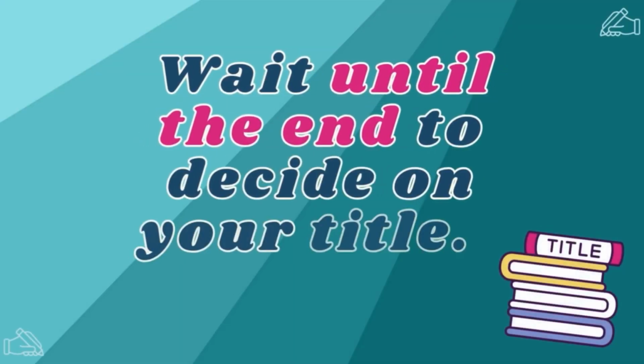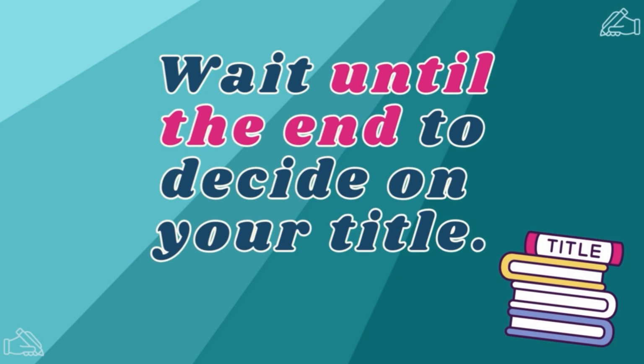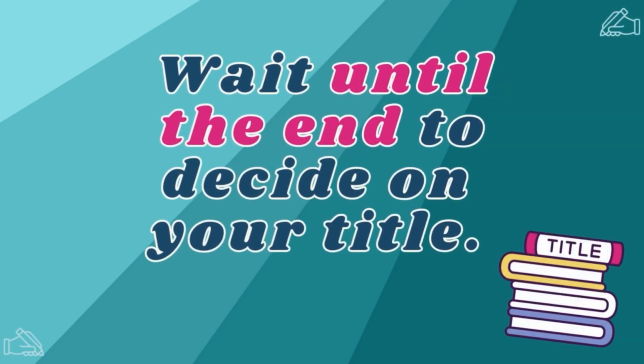Now, here's a gem I picked up from a vendor session by MyHeritage. When you're writing a full family history book, wait until the end to decide your title. I know it sounds backwards, especially if you're used to creating videos or blog posts where titles actually come first.